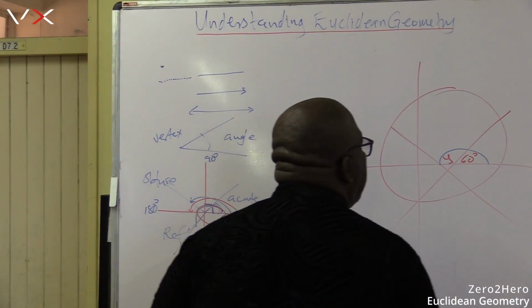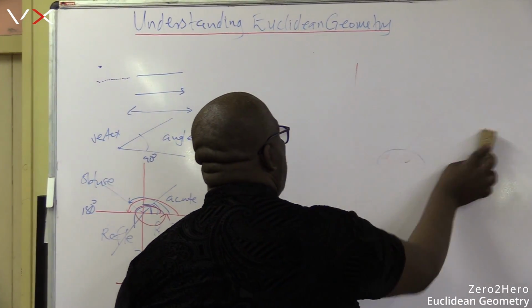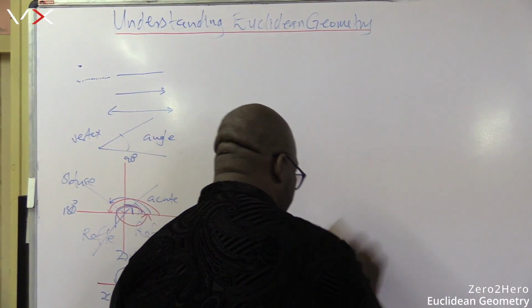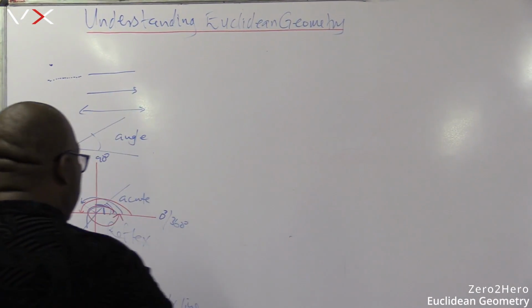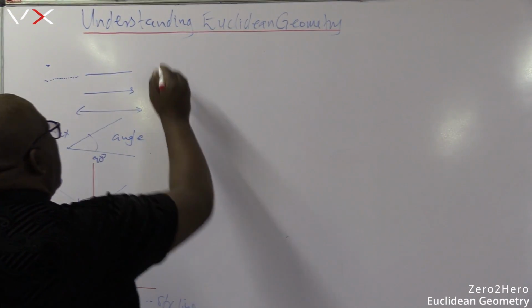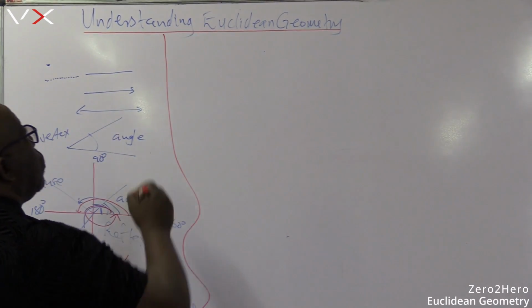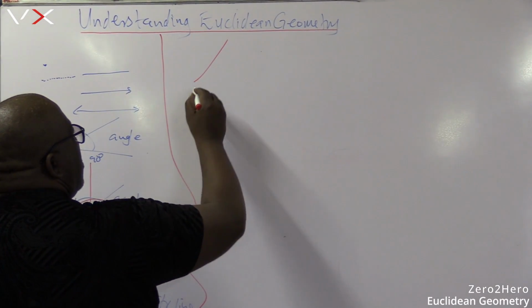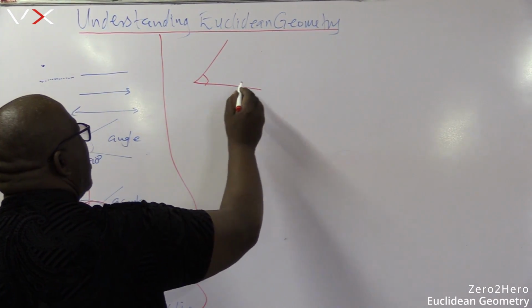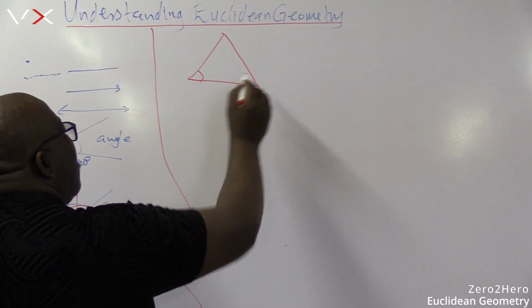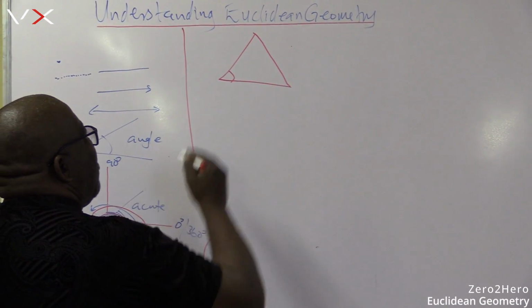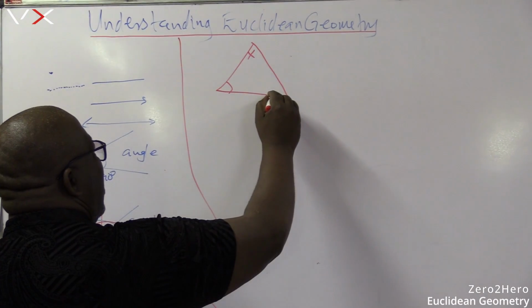From there, let's quickly go to triangles, because we're rushing into grade 11 Euclid. So these were angles. If I've got this one, I can see an angle. If I close here, how many angles do I see? I've got another angle there, I've got another angle here.